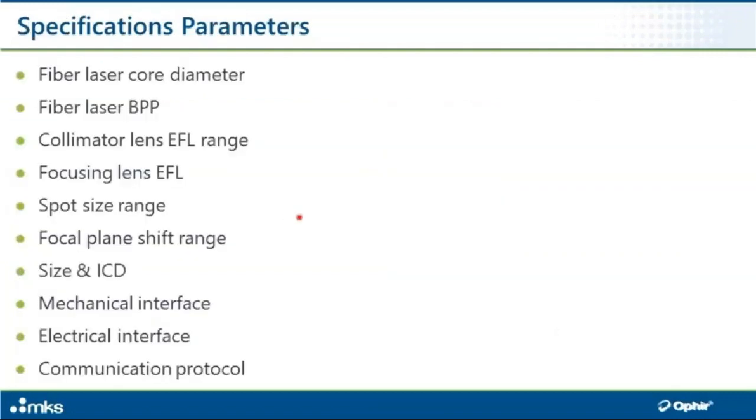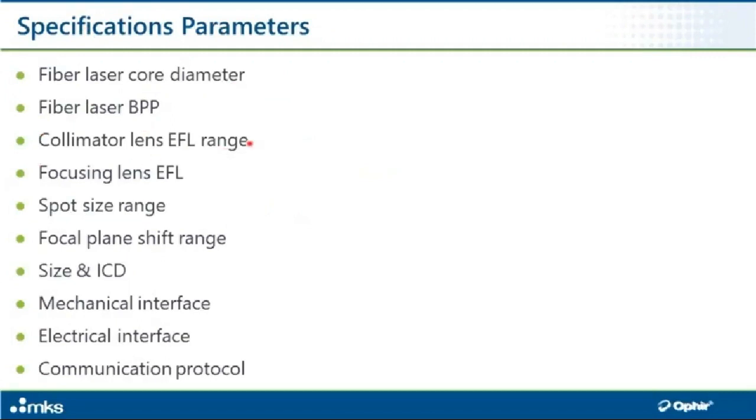In order for us to design the right zoom lens for you, we needed to know these parameters, and we will go through them, through the list. First parameter we have to know is fiber laser core diameter, then fiber laser BPP, then collimator lens focal length range.